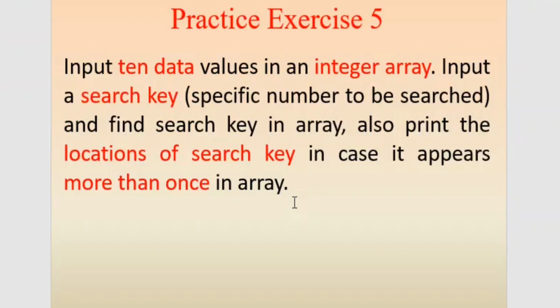Also print the location of the search key in case it appears more than once in the array. So we need to take 10 integer values as input, and then we need to search for a number.